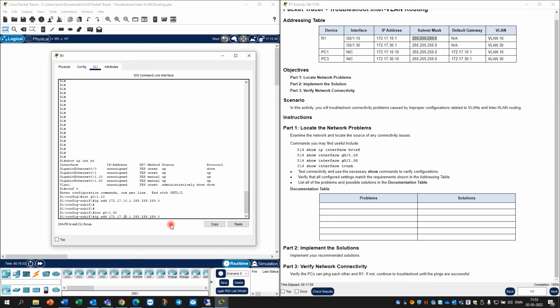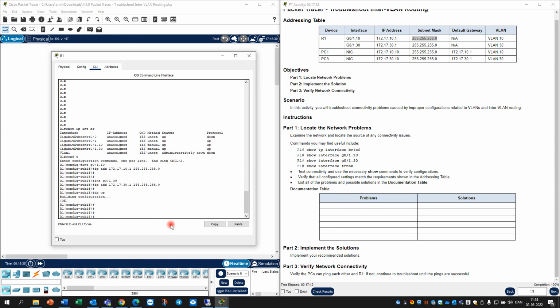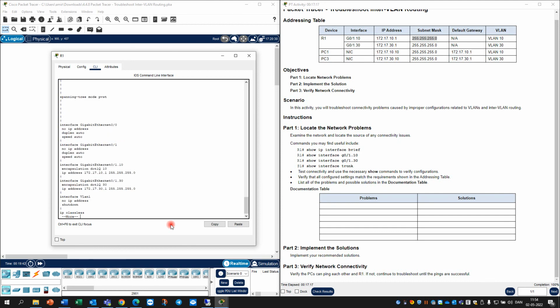Then do wr, and also write do show run to double check that dot1Q is correct, both of them, encapsulation and also IP address is correct.